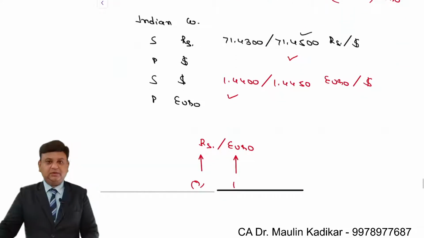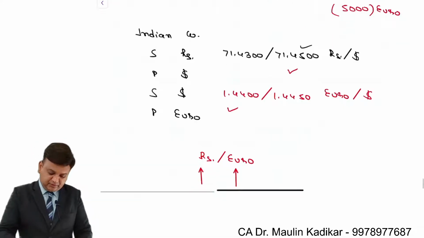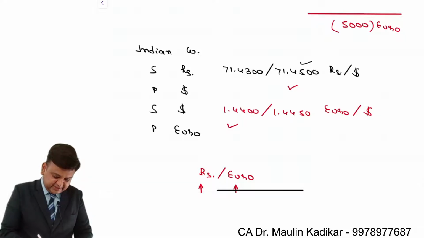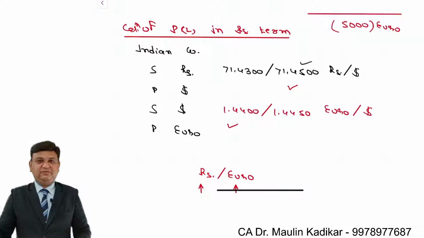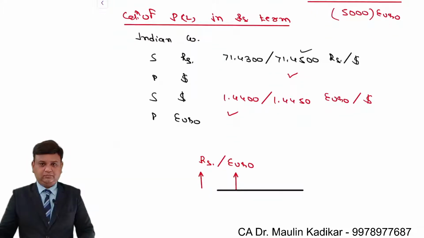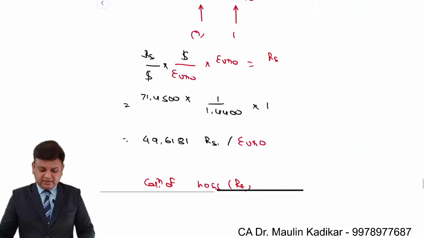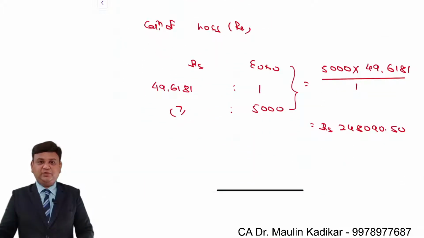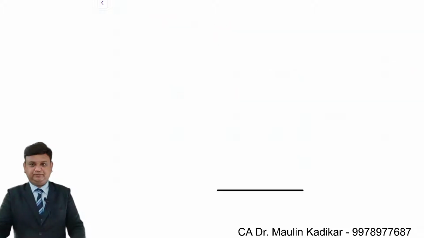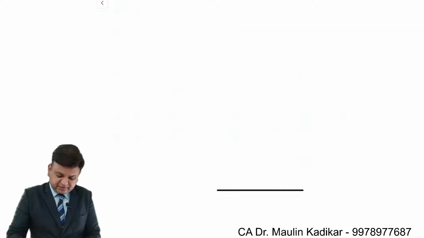Then write down this transaction from the Indian company's point of view. The heading of that we can write like this: calculation of the profit or loss in rupees term. Please write down. This is the exchange rate and this is the loss in rupees term. So please write down the answer further.